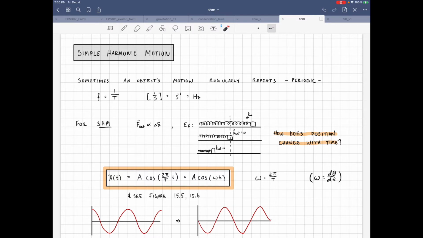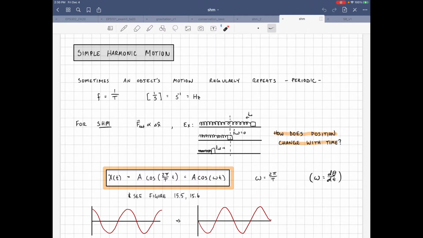First off, we want to just remind ourselves of the definition of frequency or period. If motion is periodic, it means that the motion repeats over a certain amount of time, right? So every second or every minute, the motion repeats, and so the frequency is defined as 1 over the period, the period being how long it takes for that motion to happen.